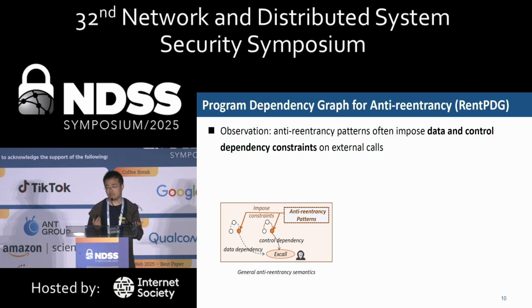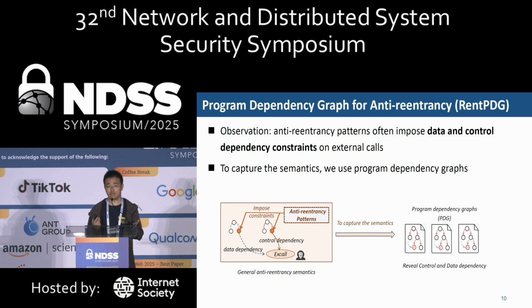In smart contracts, we observe anti-reentrancy patterns often impose data and control dependency constraints, so we first use program dependency graphs. These graphs may contain some irrelevant dependency information.